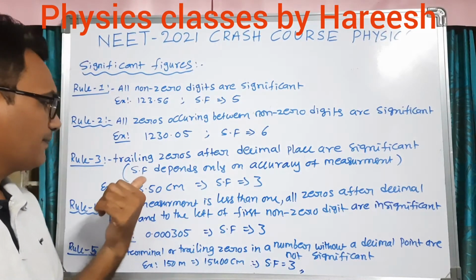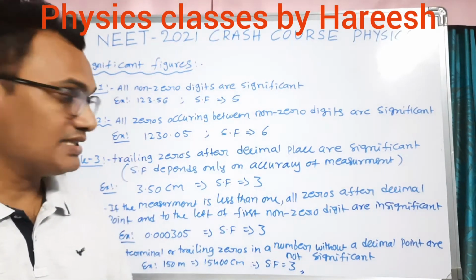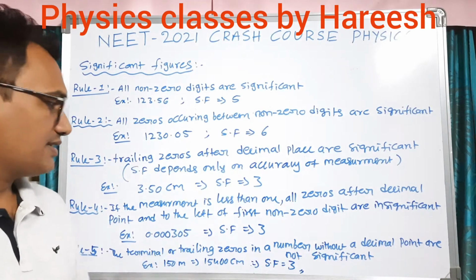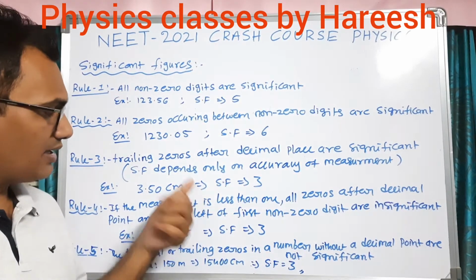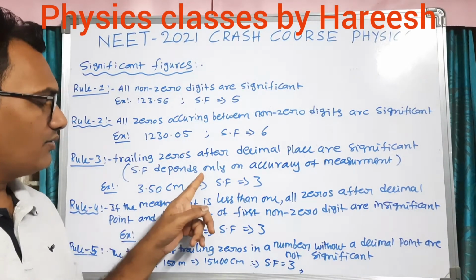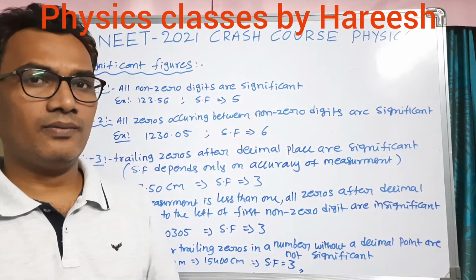Rule number 3: the trailing zeros after decimal places are significant. See here, zeros after the decimal are significant. Significant figures depend on the accuracy of the measurement.